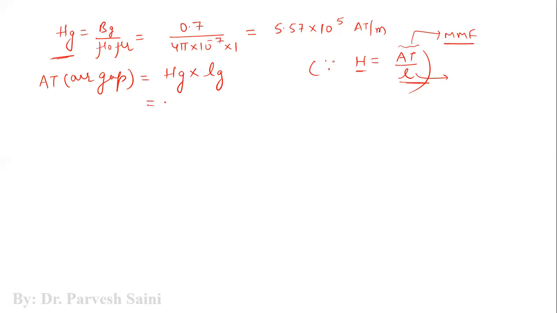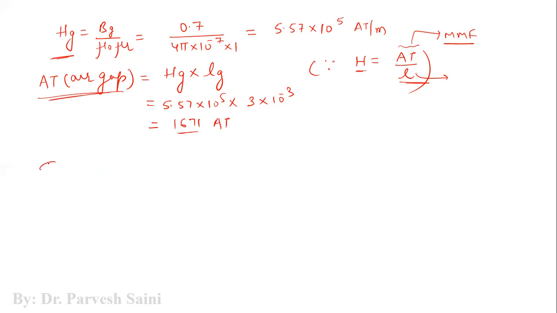So we put the value 5.57 into 10 raised to the power 5, and the length is 3 mm, which we convert into SI, that is 3 into 10 raised to the power minus 3 meter. This would be equal to about 1671 ampere turns. So this much magnetomotive force is associated with the air gap.